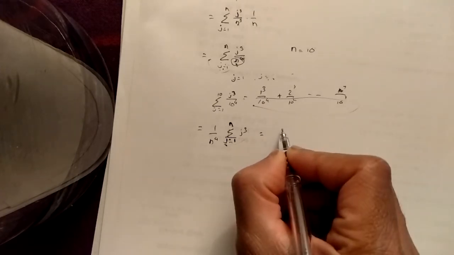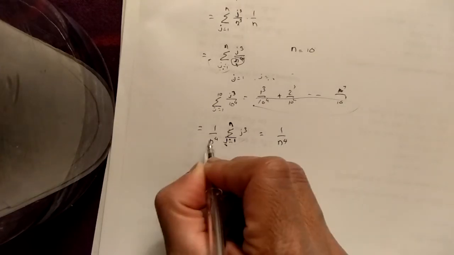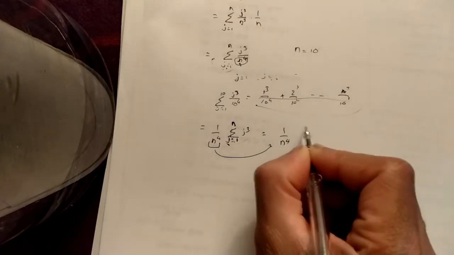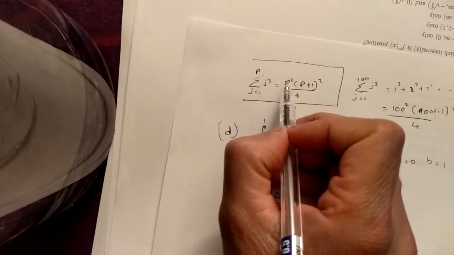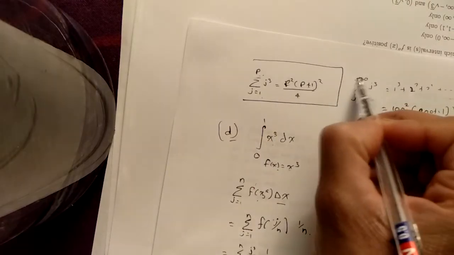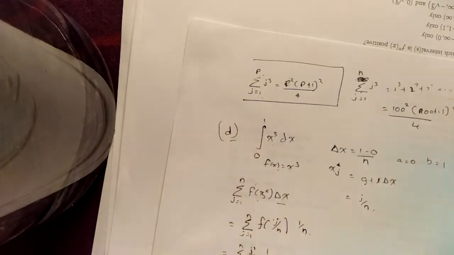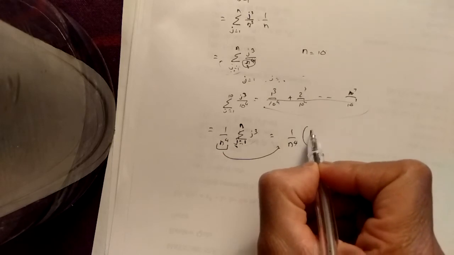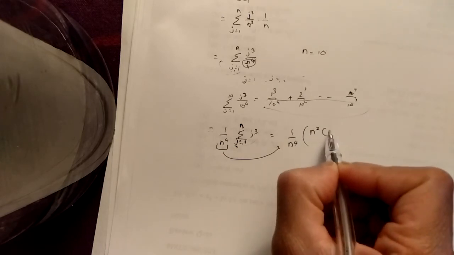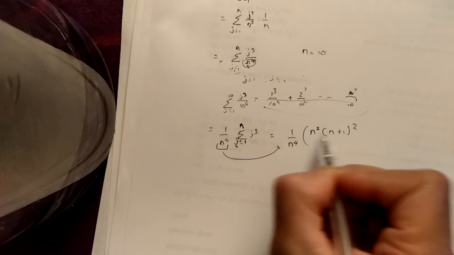Now, so I have this term outside, and for the sigma notation I am using this one, but replace p with n. Now see, here when you have 100 you replaced p with 100, but instead of 100, if you have n you should replace p with n, right? So in that sense it becomes n squared times n plus 1 squared over 4, right?